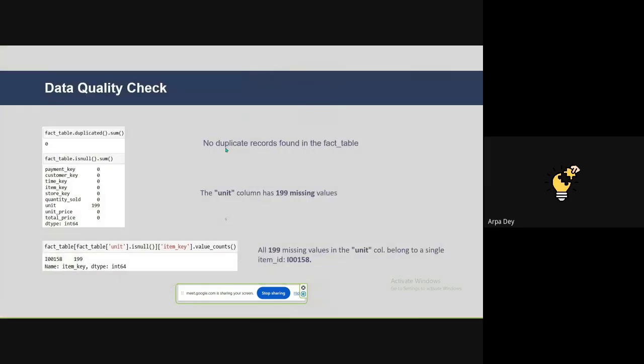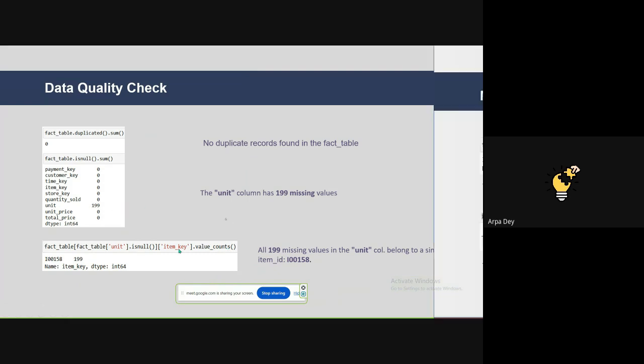Data quality check. Before starting the analysis, we have to check whether there are any duplicate or missing values in our data so that we can get optimized results. As we can see, there are no duplicate values in our fact table, but there are definitely missing values.